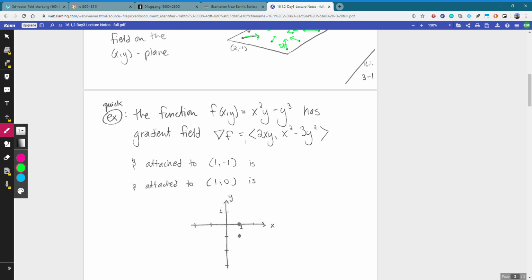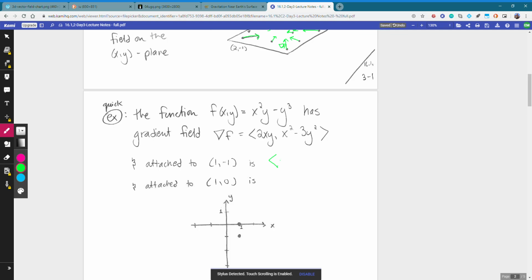And right there, this is a vector field, right, attached to each point in the xy plane. This is going to spit us out a vector that we can attach there. So for example, if we plug in the point (1, -1), so 1 for x and -1 for y, the vector that we'll get from this is what?